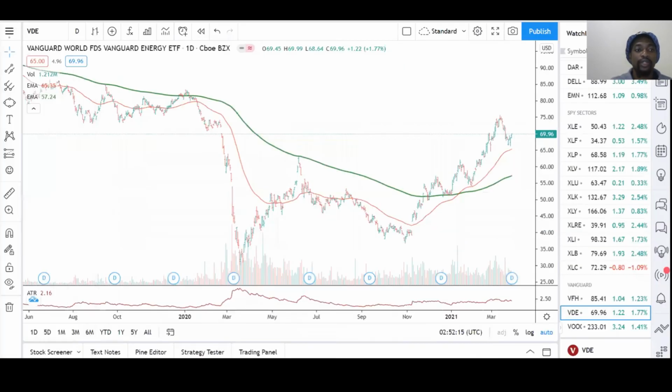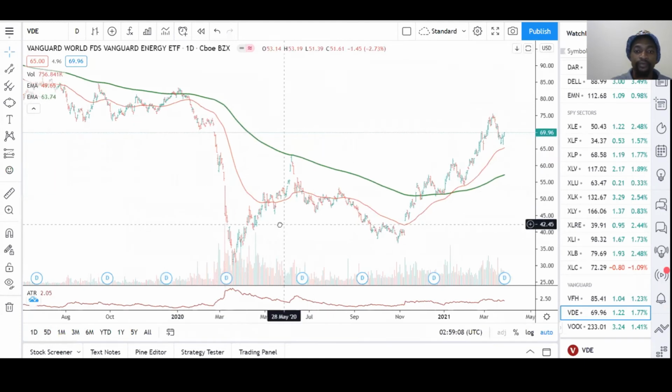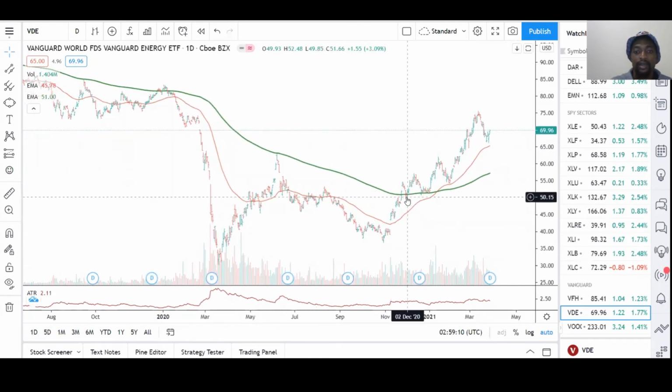So now let's go to the chart of the VDE. It's almost similar to the chart of oil, of which we were able to trade the Brent crude, but not the ETF, because at that time we were not trading US stocks.